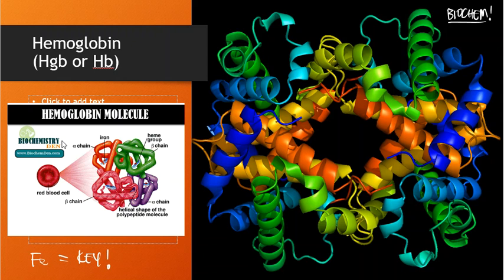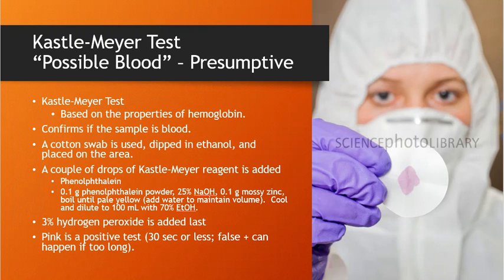So the very first test that I want to introduce to you on blood identification would be something called the Kastle Meyer test. The Kastle Meyer test is actually stuff that you've already used in our program before, over and over. The Kastle Meyer test is basically phenolphthalein. Down here at the very bottom, you see it right there.